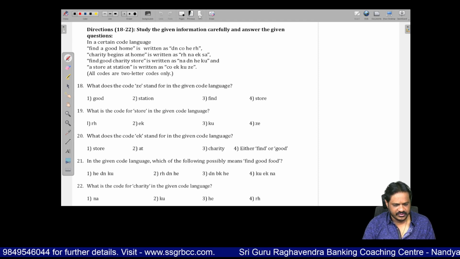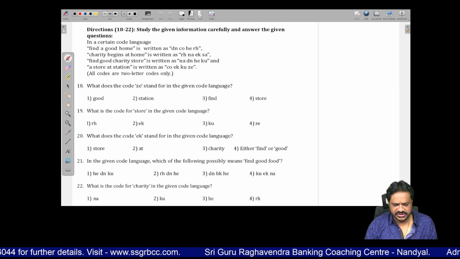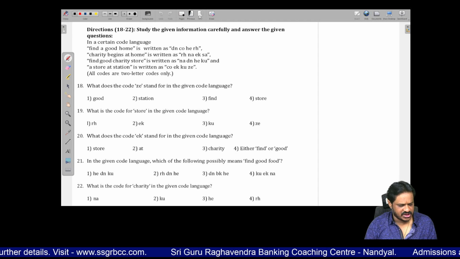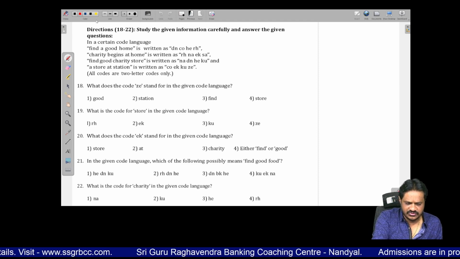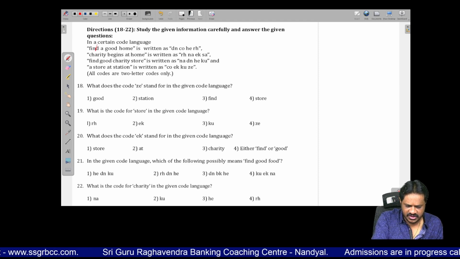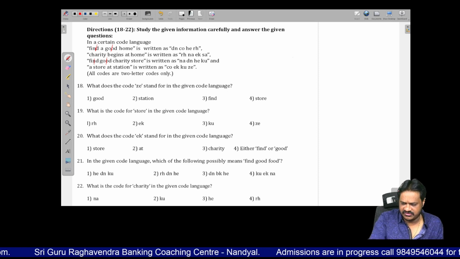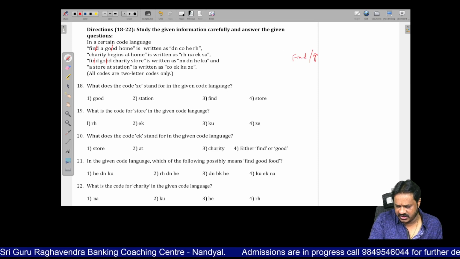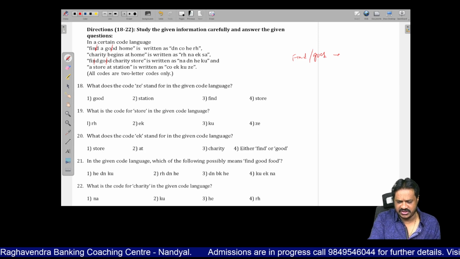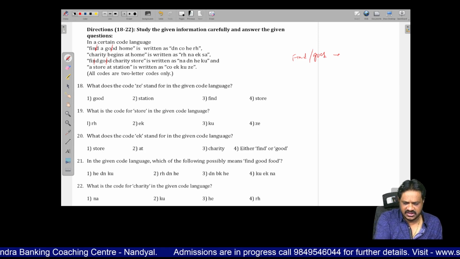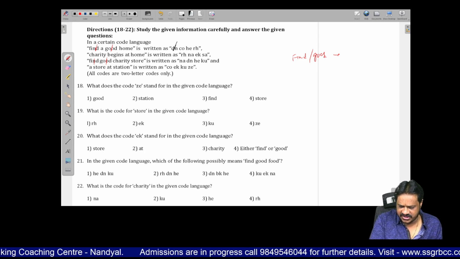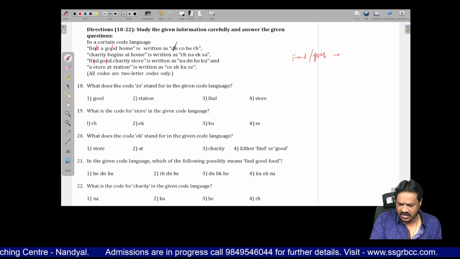Now, in 1 and 2, you can see find a good home, charity begins at home. Now you see 1 and 3. Find is there, good is there. In 1 and 3, you can see the word find and also good, which you can't see anywhere else. The code is either DN or HE.